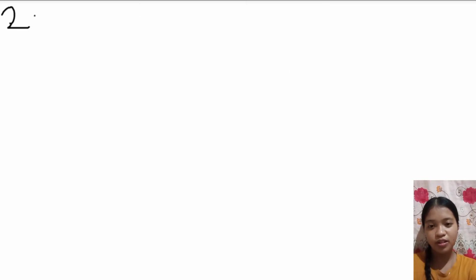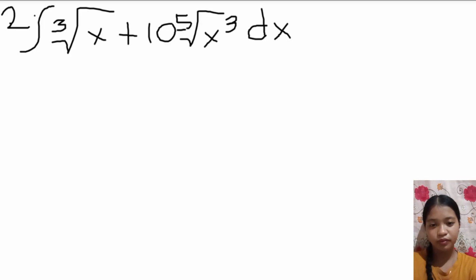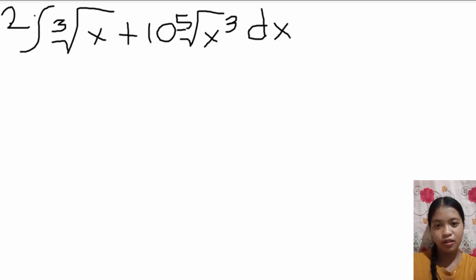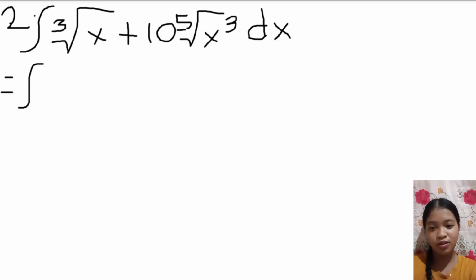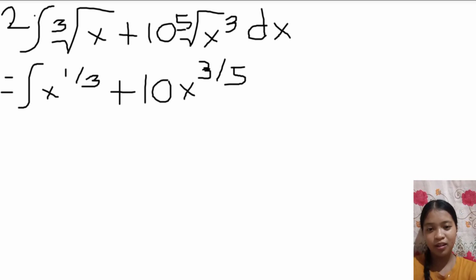The second equation is the integral of 3 square root of x plus 10 fifth root of x cubed dx. Now we're going to rewrite it. We're still rewriting, so just copy the integral sign. It will become x raised to the power of 1/3 plus 10x raised to the power of 3/5, then dx.